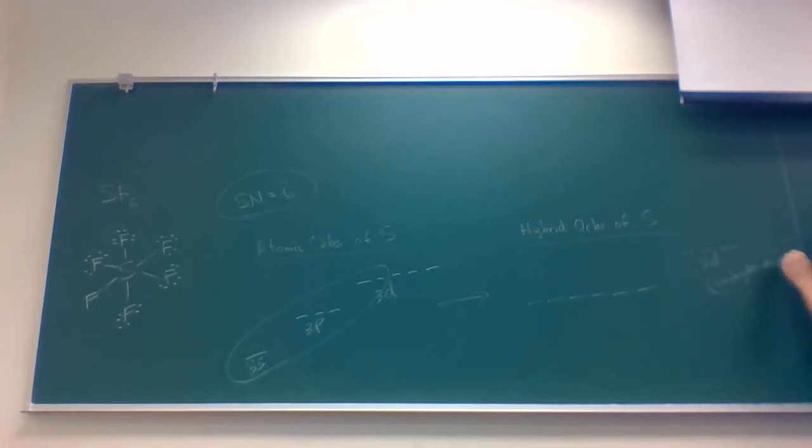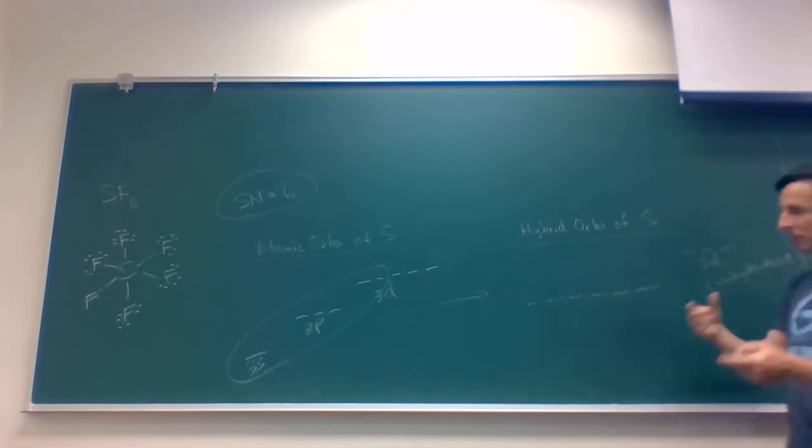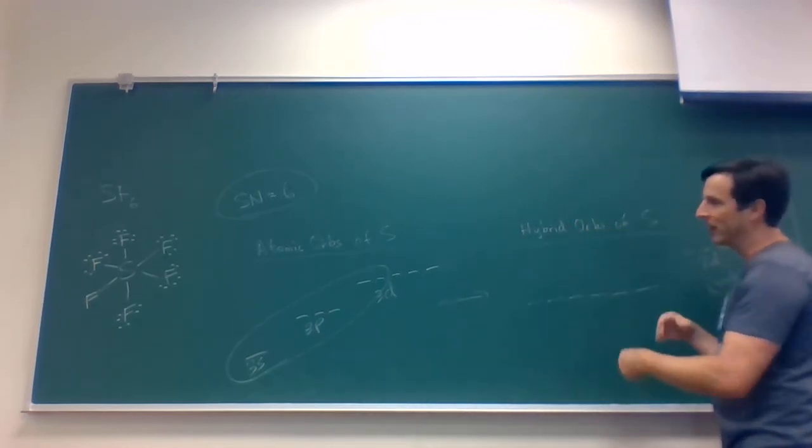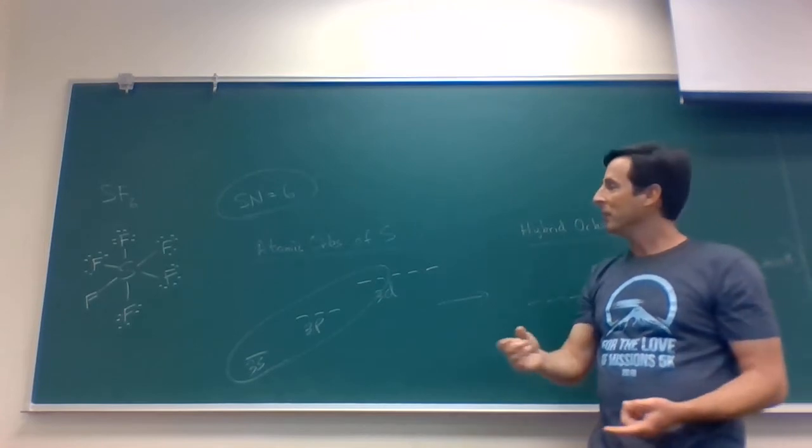Now, in this problem, they're not going to be important, but we will do problems later where the unhybridized orbitals are very important, specifically when I make double bonds and triple bonds. These are the orbitals I'm going to use to make that happen. All right, so I took 6 orbitals, I put them over here, so now let's talk about electrons.